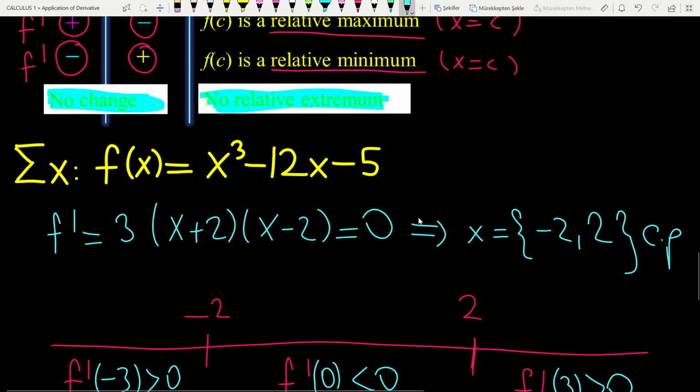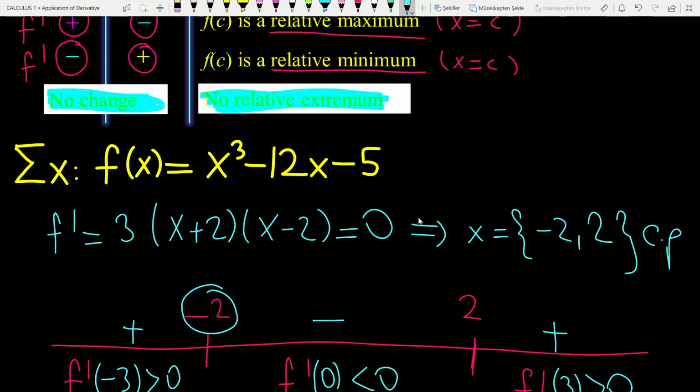Now let's look at this definition. F prime is positive to the left of -2 and negative to the right of -2. In this case, -2 becomes a relative maximum point for this function.